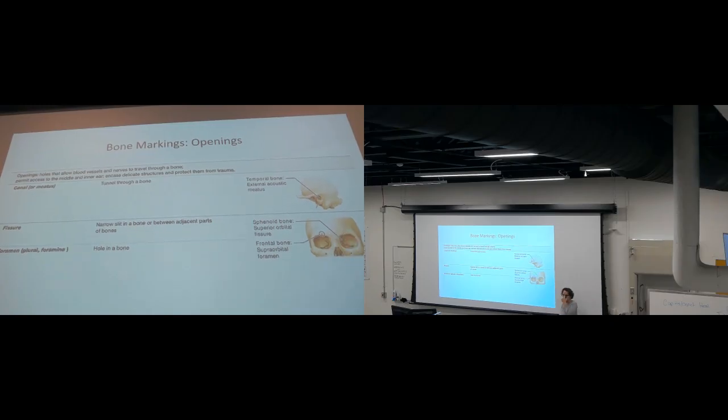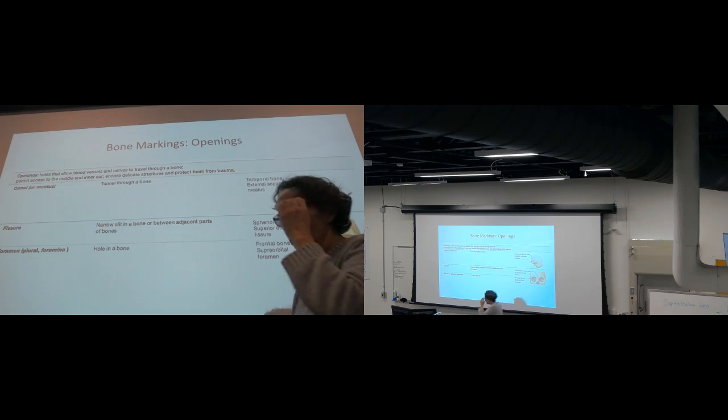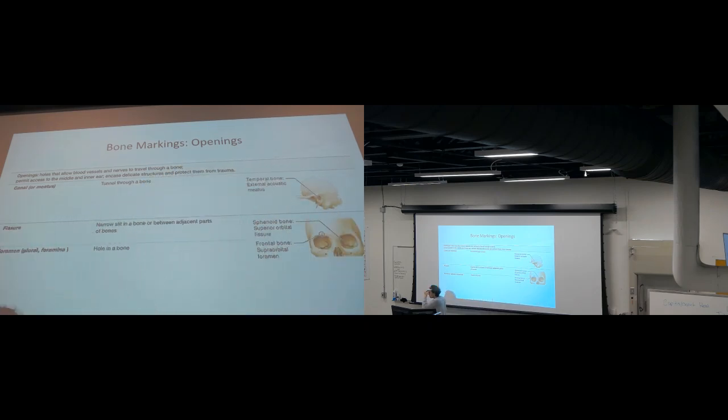If you take into account both, it will be supraorbital foramina. So we have a nerve that passes through this supraorbital foramen, which is the supraorbital nerve. It's just in your eyebrows. And sometimes we have it halfway open. In that case, it's a notch, it's not a foramen.